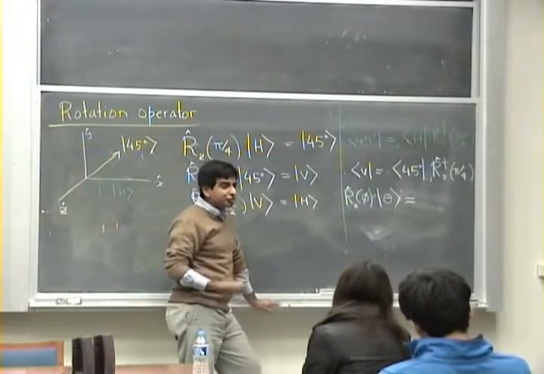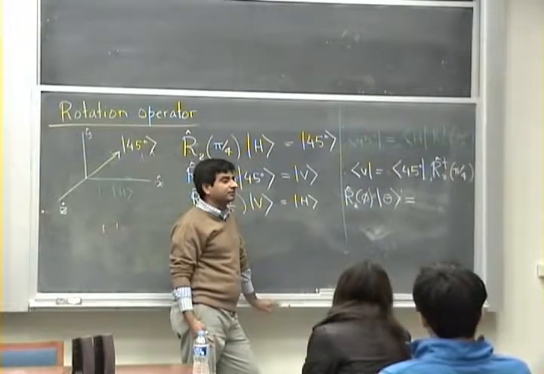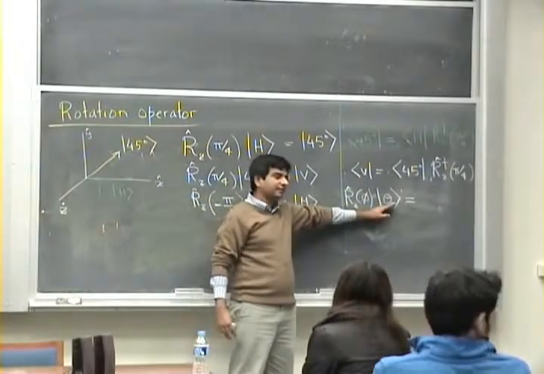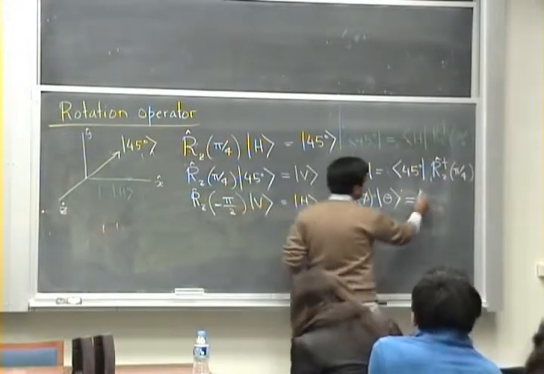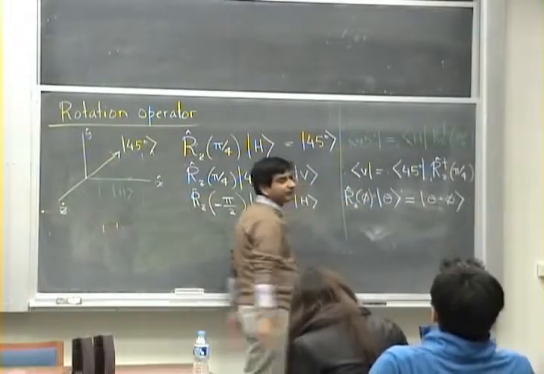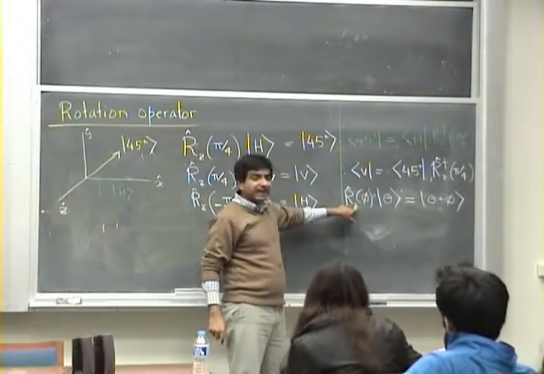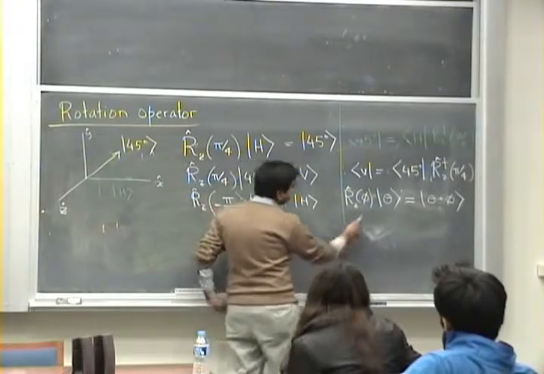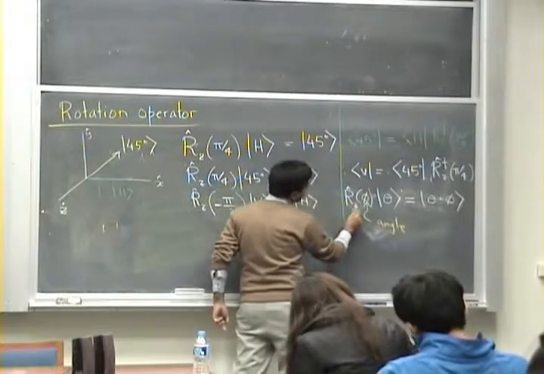What should be the angle of the ket? The initial state is theta. What is the new state? Theta plus phi, because the rotation is now through phi. So this is the angle of rotation, and this is the axis of rotation. This is the angle through which rotation takes place, and this is the axis.